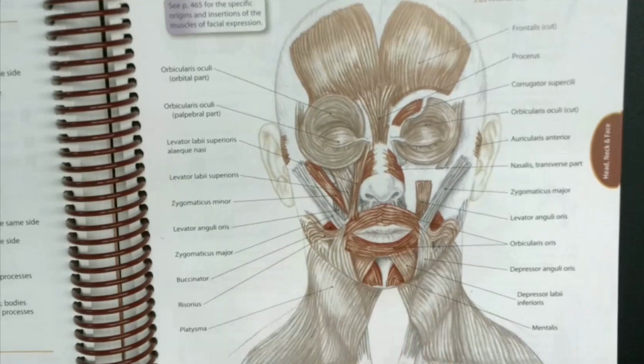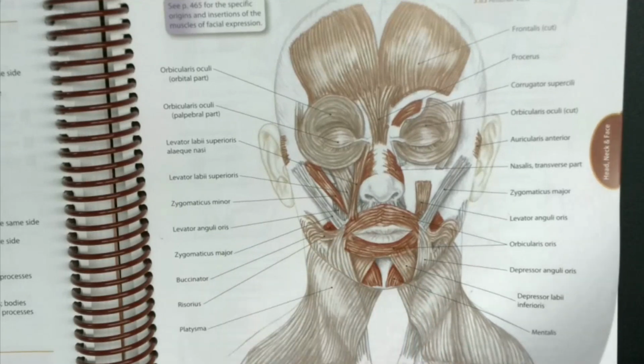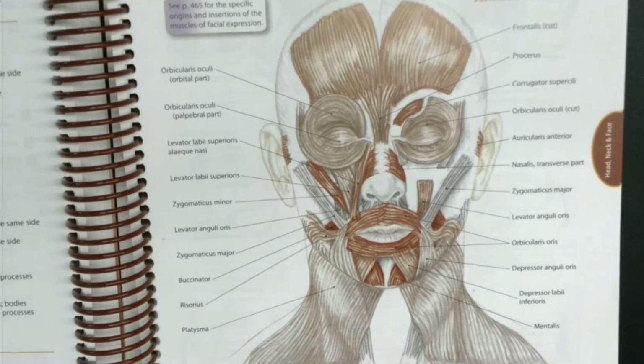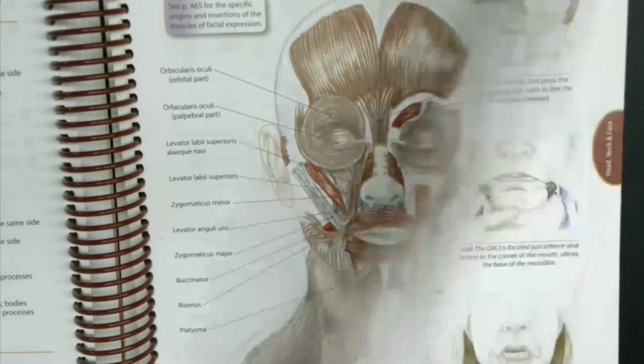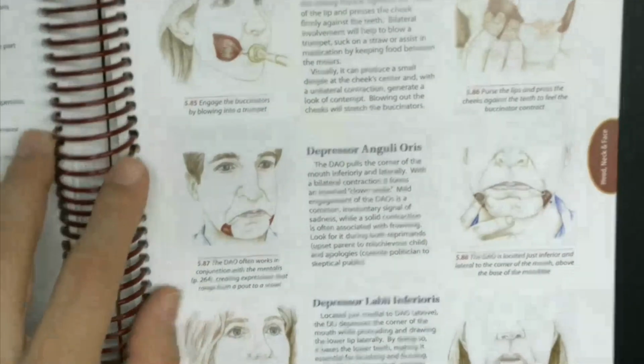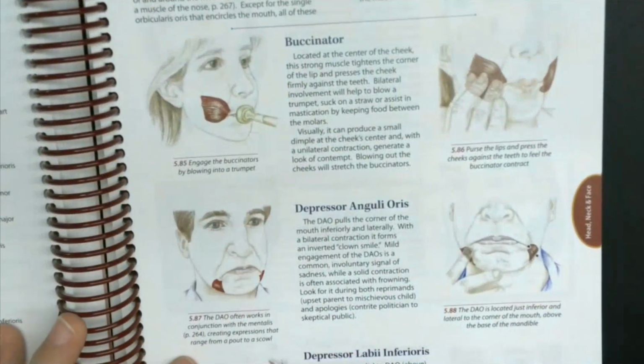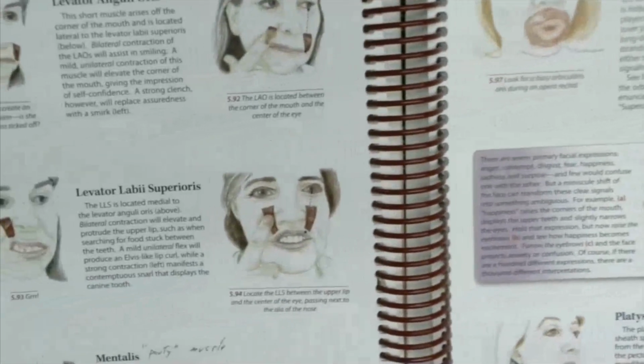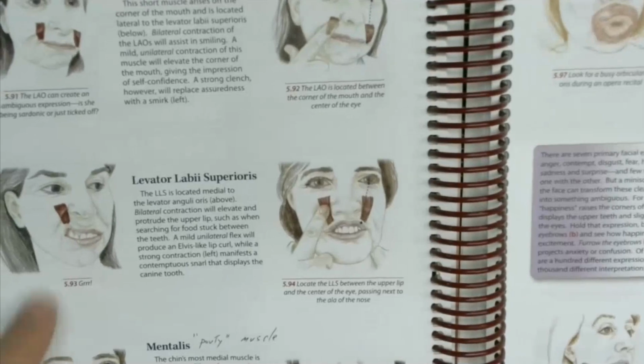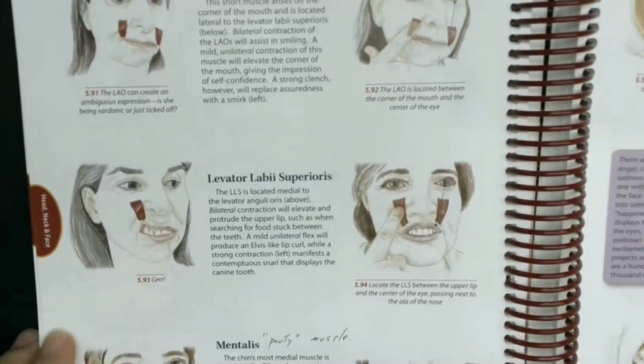Buccinator and risorius do roughly the same actions. And then the book carries on to, see, buccinator. This is a picture of a woman blowing into a horn. But yeah, the rest of these are just going to give you examples of what your face is going to awkwardly look like when you move these muscles. There you go. Look at that grin right there.